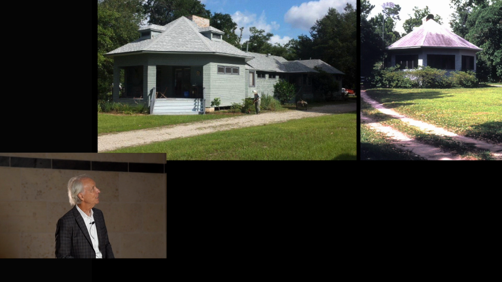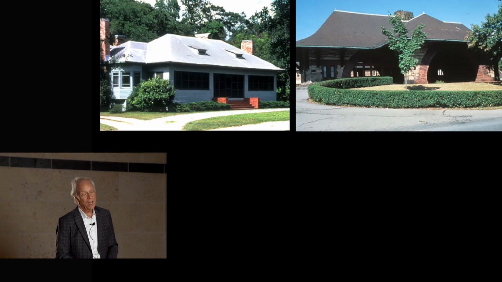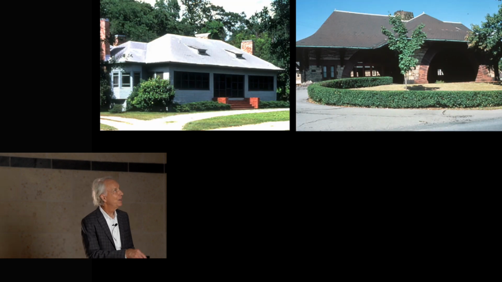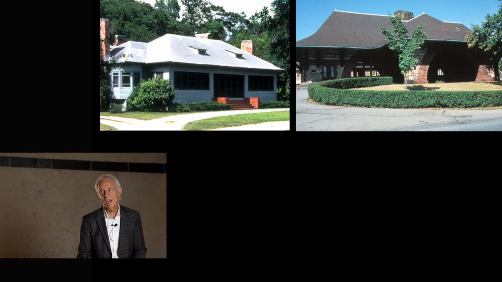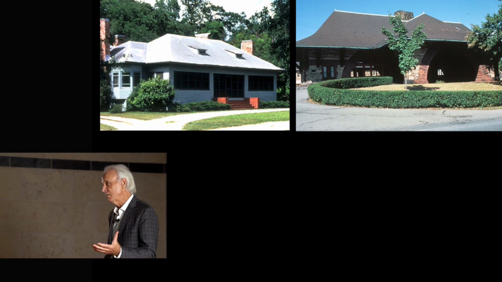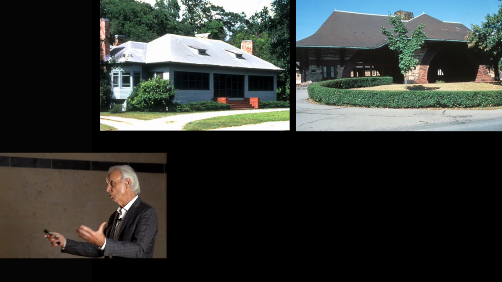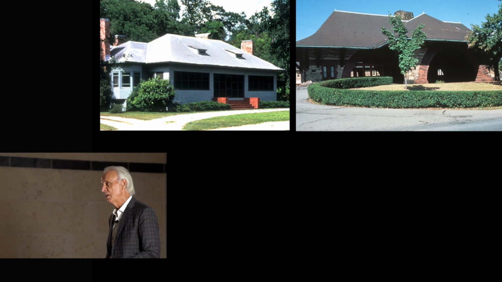And there's that simple little guest house adjacent. Now, I want to make the point that Richardson is beginning to express something that might be thought of as American, as different from European or traditional architecture.